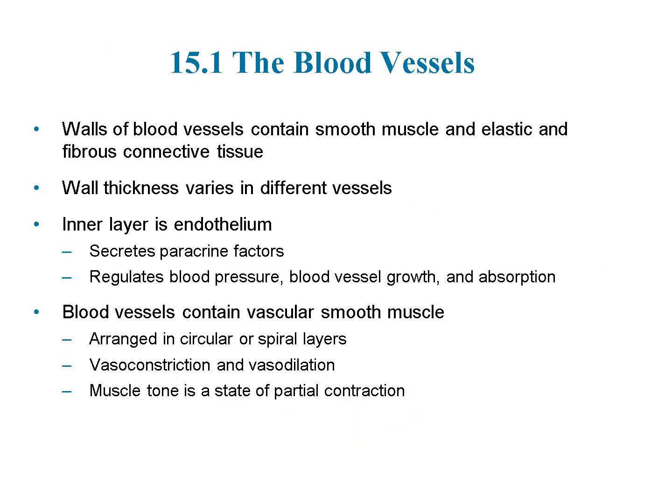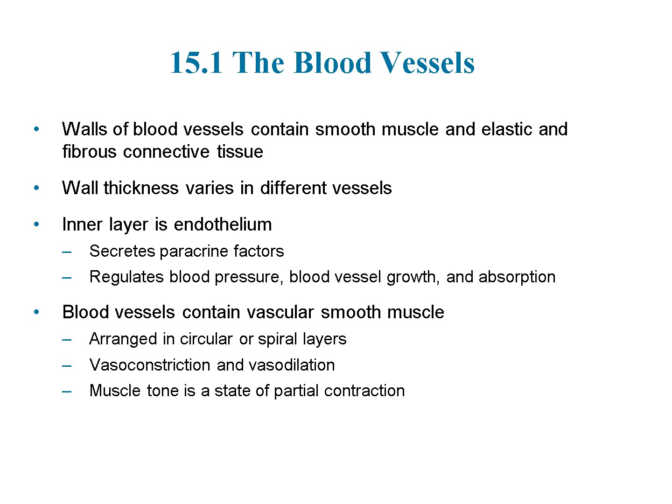The blood vessels in our body play a crucial role in circulation, carrying blood to and from the heart. Their walls are composed of smooth muscle, along with elastic and fibrous connective tissue, allowing them to maintain structure while adapting to changes in pressure. Not all blood vessels are the same. Wall thickness varies depending on their function.